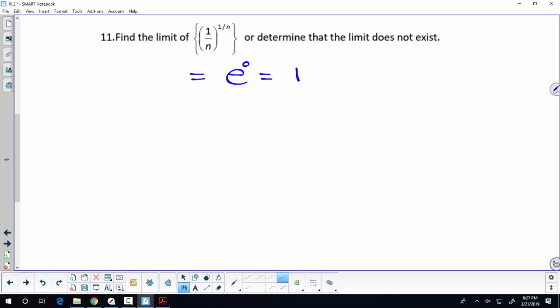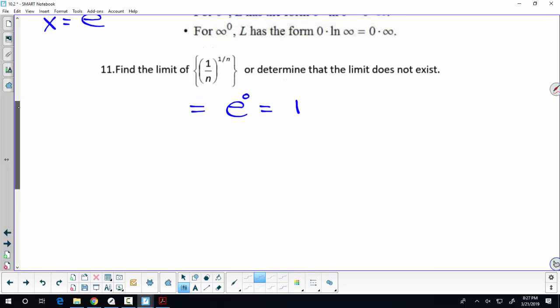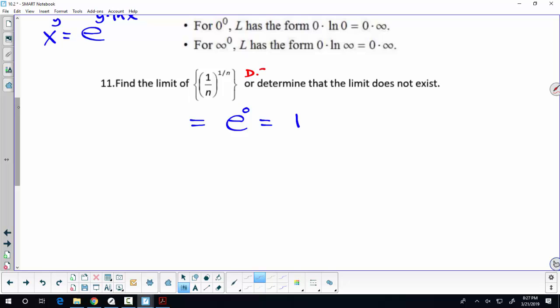The procedure to follow, we've seen that, because as n goes to infinity, it gives us 0 to the 0. Direct substitution gives 0 to the 0, so we'll have to rewrite this one. But it's very comparable. Honestly, the one we just did in example 10 is more involved.